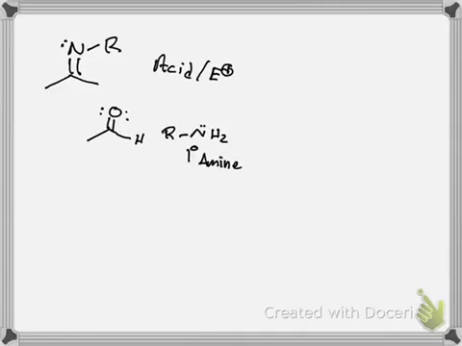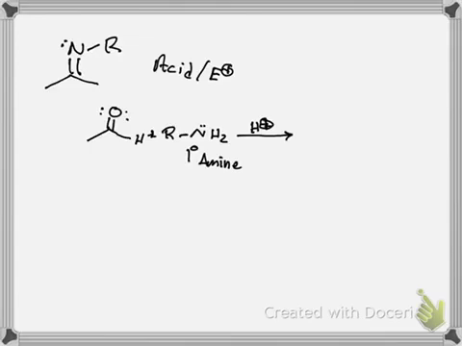Now, quick reminder of the substitution levels on amines. If the nitrogen has 1 carbon, it's primary. 2, it has secondary. 3, it is quaternary. So, the aldehyde and the primary amine react in the presence of faint catalytic amounts of acid.